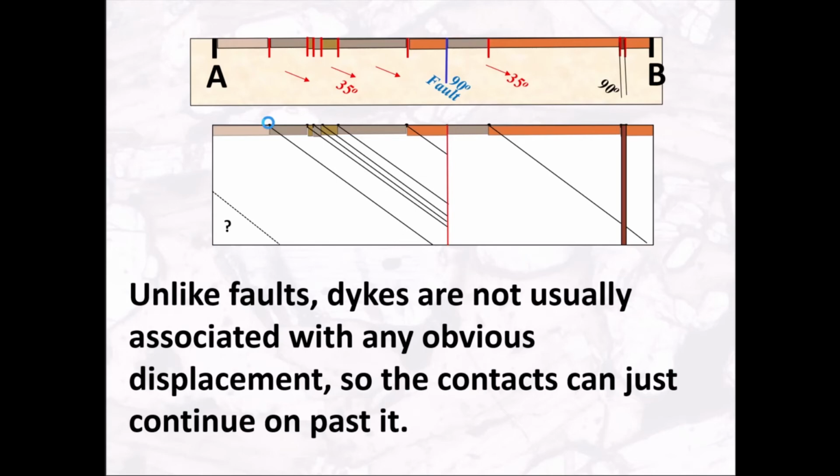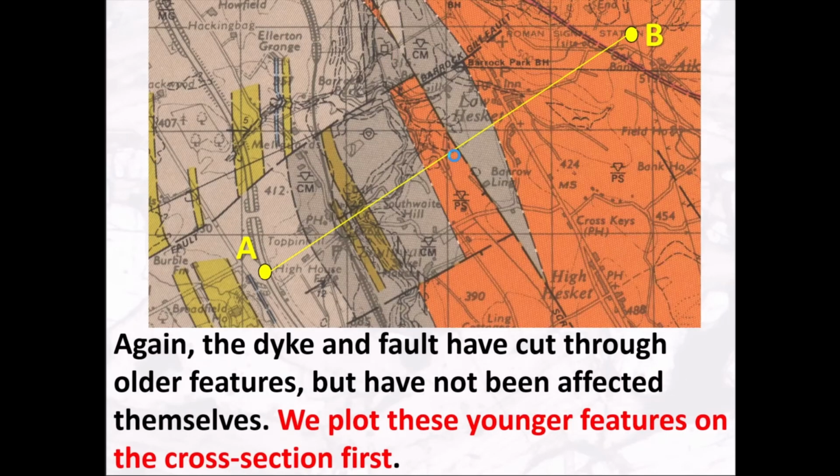Now what I've done is continued these bedding planes on the left hand side of the fault as we look at it. I've continued them down at depth, but then I have stopped them at the fault. I haven't continued them straight through, and that's because if we look at the fault, we can see that the fault has displaced the stratigraphic contacts.